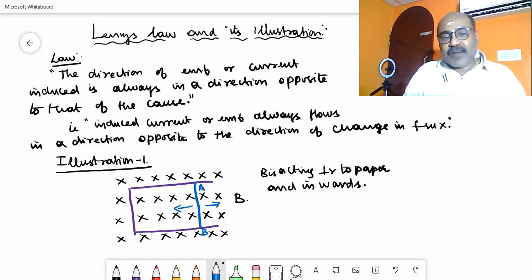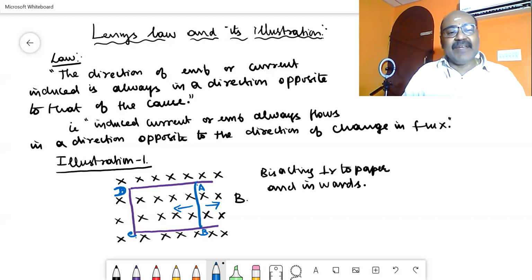See, this closing end AB can move inwards or can move outwards. Let us consider this rectangular frame: this is A, this is B, let us take this as C, and this as D.